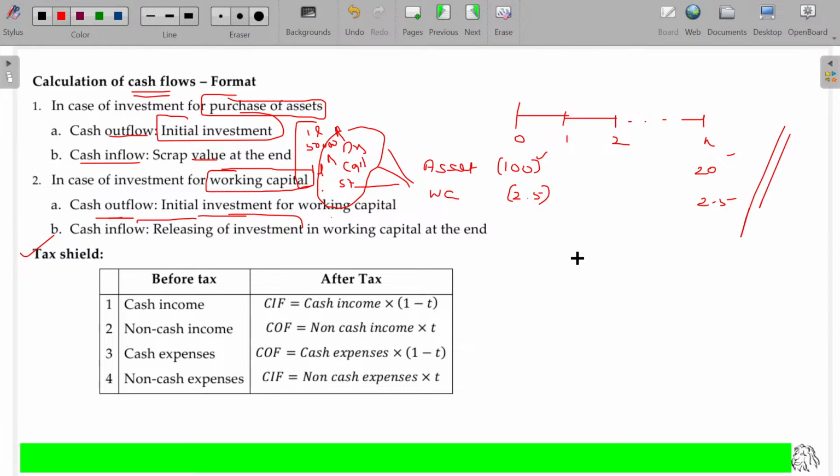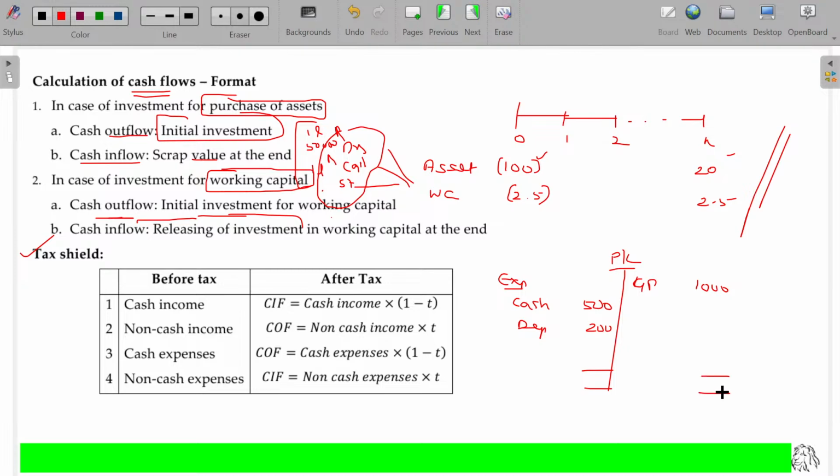Clear? For example, in your P&L account, you have GP 1000, cash expenses 500, non-cash expenses 200.